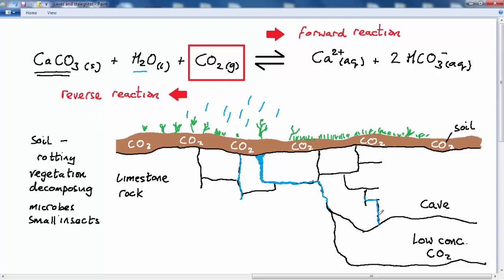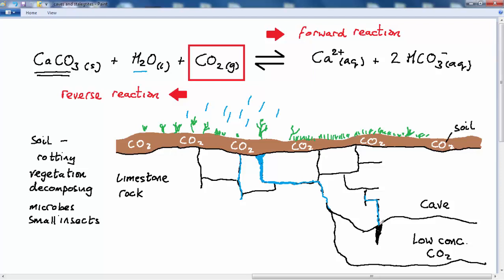Okay, you remember, this water here, which is rich in calcium and bicarbonate ions, comes down into the cave, and then the reverse reaction takes place, and the calcium and bicarbonate ions react to form CO2, water, and calcium carbonate. And so calcium carbonate starts getting deposited on the roof of the cave, gradually over, again, hundreds of thousands of years, forming these stalactites.